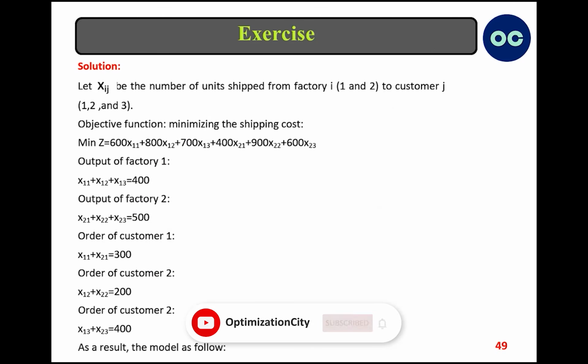How can we model this problem? We have Xij as the number of units shipped from two factories, 1 and 2, to three customers, 1, 2, and 3. Our goal is to minimize the shipping cost, which is represented by the objective function, which we have here.